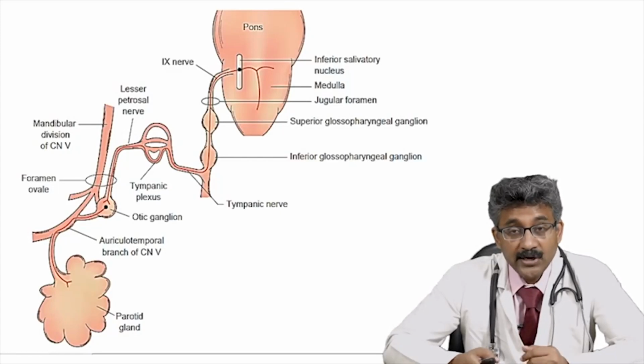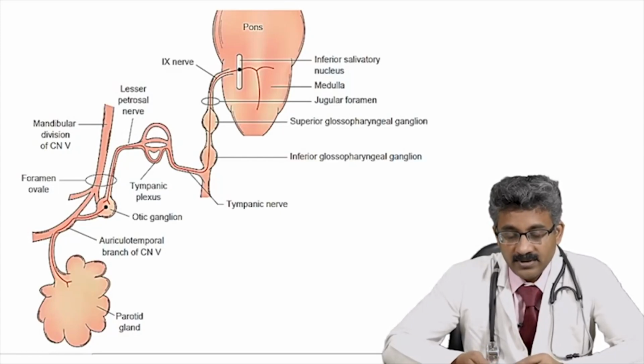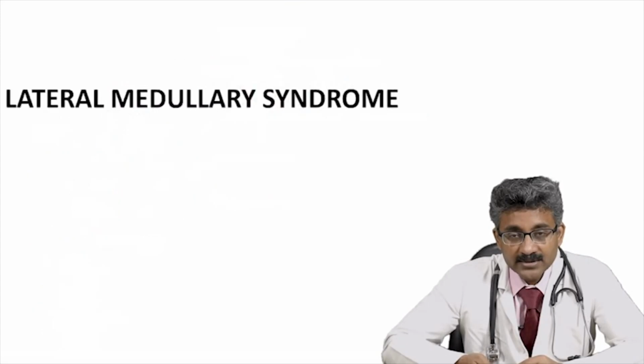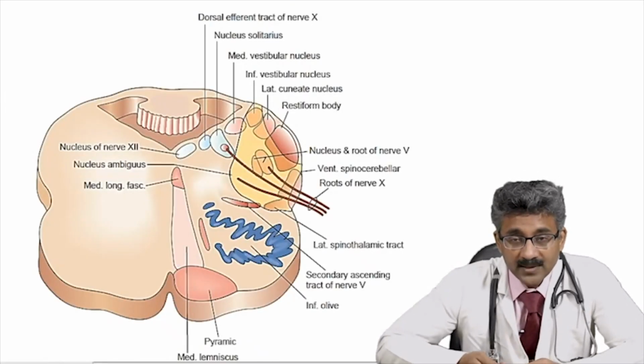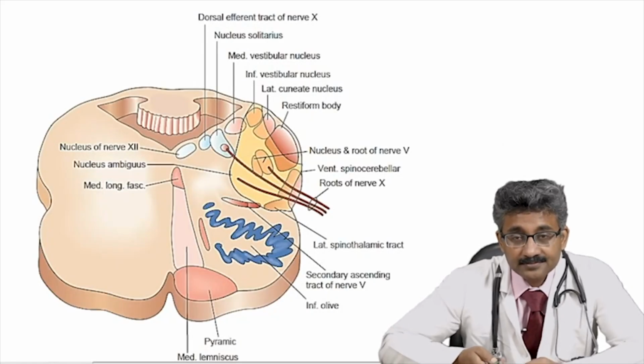Then what are the medullary syndromes? Lateral and medial medullary syndrome. Very easy to remember if you know the anatomy. First I'll put lateral and medial medullary syndrome diagrams to understand. This is the lateral part of the medulla. What structures are present here?